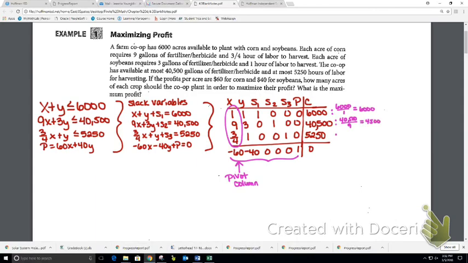And we take the 5,250 and divide it by that 3/4, and that's going to give us 7,000. So to find your pivot row, you find the smallest of these three numbers, which is the 4,500. So that means this here now is going to be my pivot row.